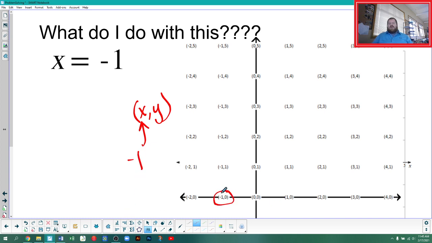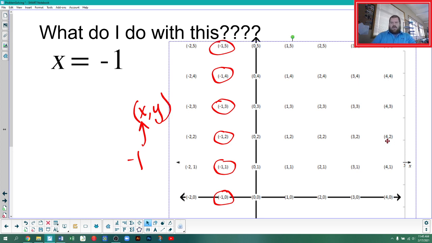Well, that happens here, that happens here, it happens on all these places, right? So I could kind of graph it on here, but it would look kind of weird. So I'm going to bring that other graph back up.